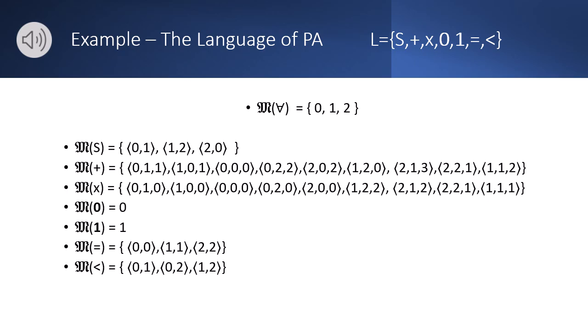Basically, the idea is that it's telling you for a given input what the actual output would be. For example, that first ordered pair 0, 1 is telling you that the successor of 0 would be 1. The next ordered pair tells you that the successor of 1 would be 2. And then finally, that third ordered pair 2, 0 tells you that the successor of 2 would come back around to 0. So it looped back around.